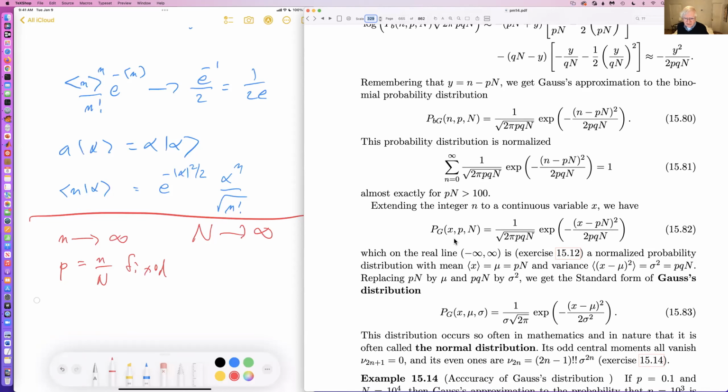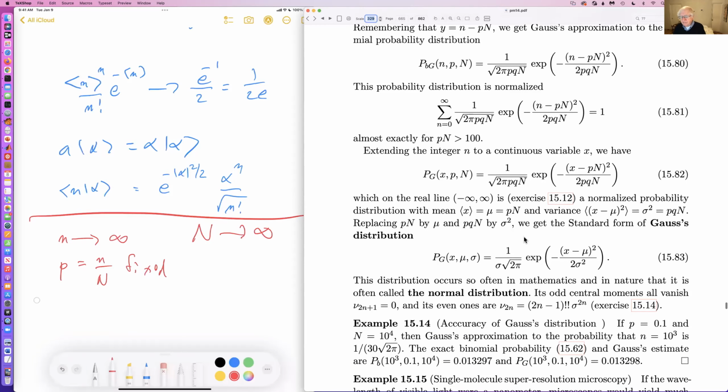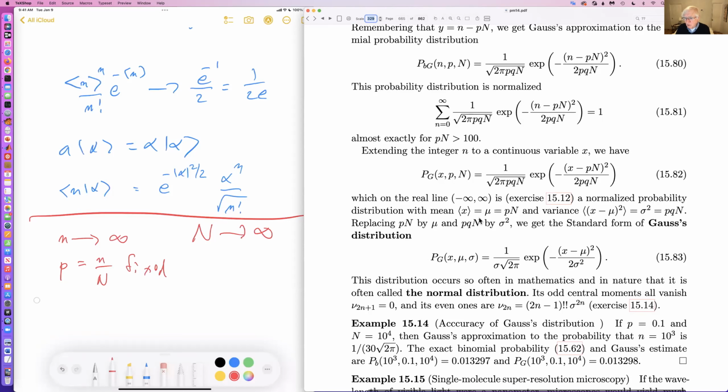One advantage of Gauss's limit is that you can consider the integer n to be a continuous variable x, and then what you have is the Gaussian distribution, which is e to the minus (x minus pN) squared over this and that. And now, since this n is somewhat artificial, what one does is compute the average value of x.